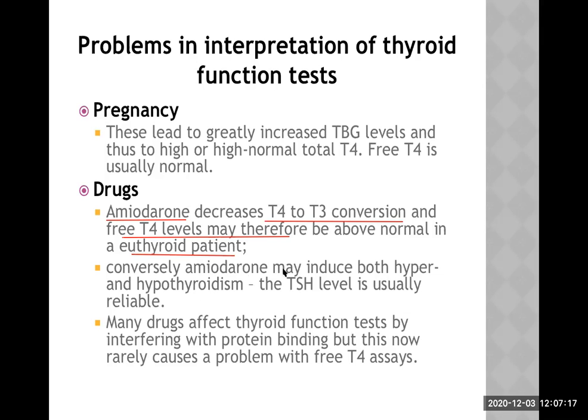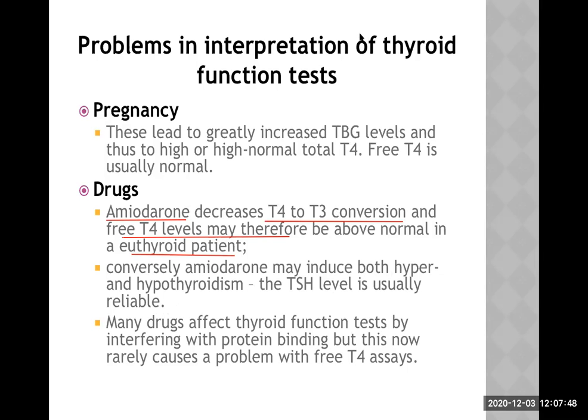So amiodarone, okay, may induce both hyper and hypothyroidism. The TSH level is usually reliable in the diagnosis of hyper and hypothyroidism in this case. Now you may be wondering why the same drug may be causing hypo and hyperthyroidism. Hyperthyroidism may be caused by the excessive iodine content of amiodarone, and hypothyroidism may be explained by decreased conversion of T4 to T3.